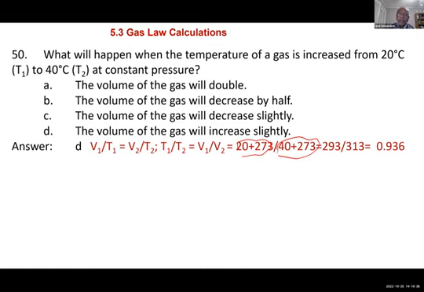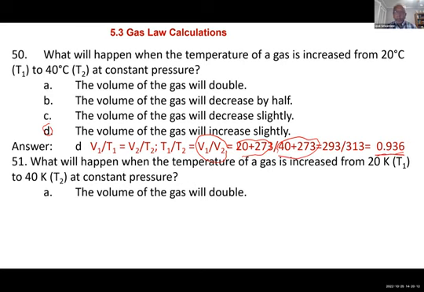The ratio of the volume is V1 divided by V2. Ratio becomes 0.96. 0.96 indicates that if the volume didn't change, 1 to 1, the ratio would be 1. If the volume slightly increases, the ratio can be lower than 1. So answer is D. You have to check with the Charles law calculation about the volume.